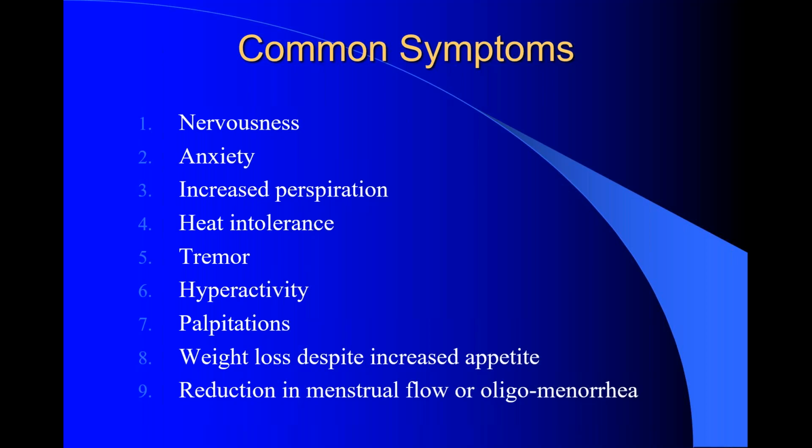oligomenorrhea. Then just a few words about the differentials of weight loss despite increased appetite. In the previous class also I have told you, if a lean, thin patient comes to you, like between 20 to 40, what can be the cause? One cause is hyperthyroidism.